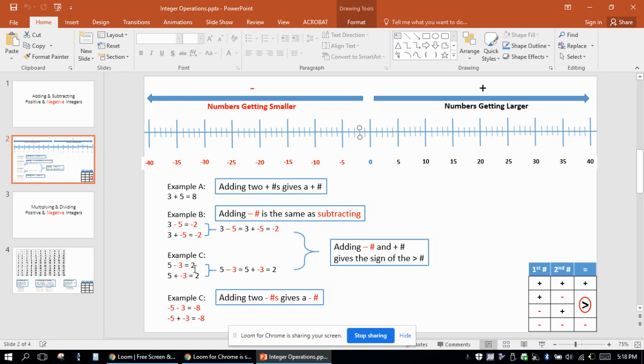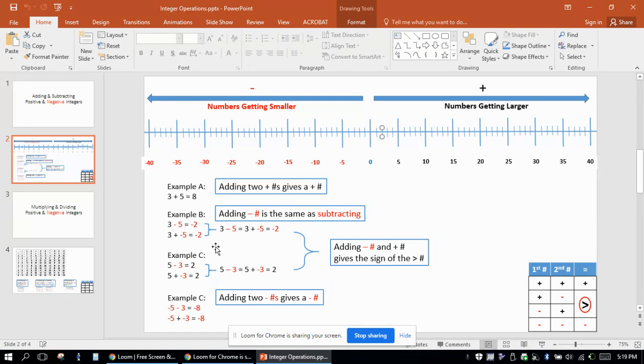In this example C, it's very similar. 5 right here, and I subtract 3, meaning I'm going left 3, 1, 2, 3, and now I wind up with a positive 2. Same thing, adding from 5, I add a negative 3, which is subtracting 3, and you wind up with a positive 2.